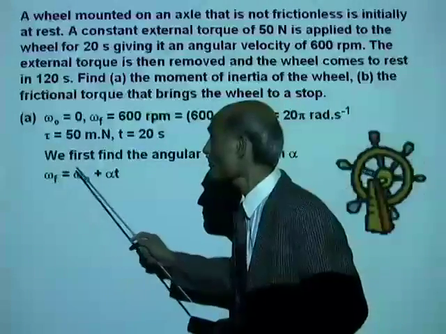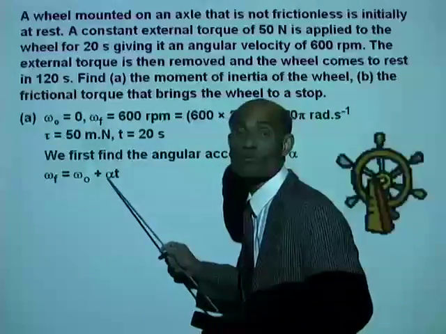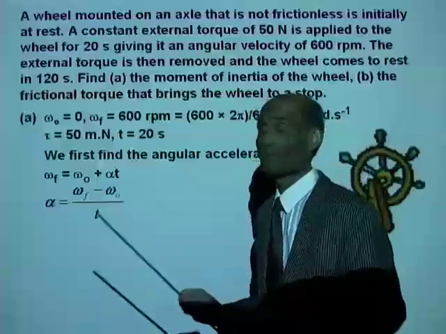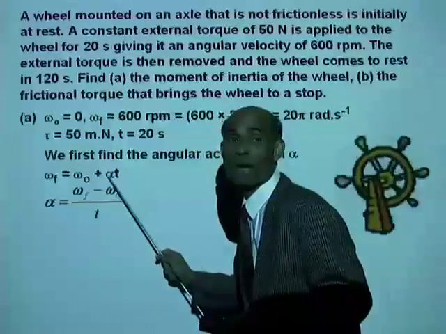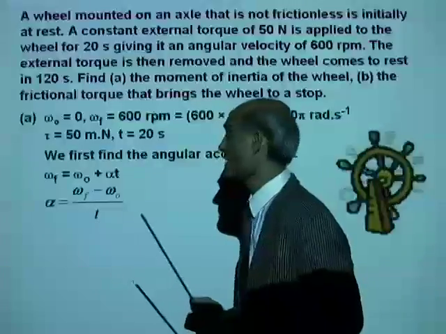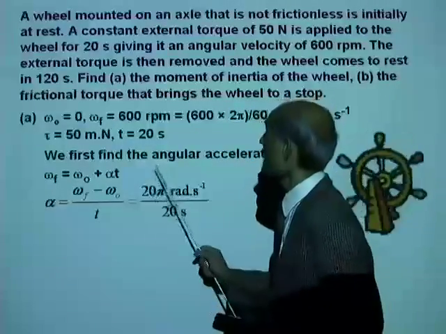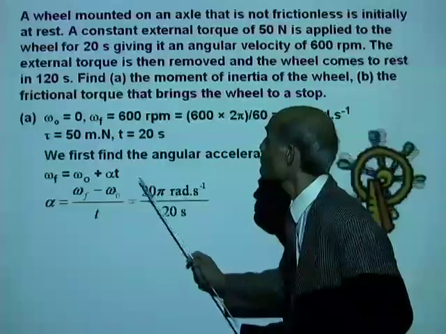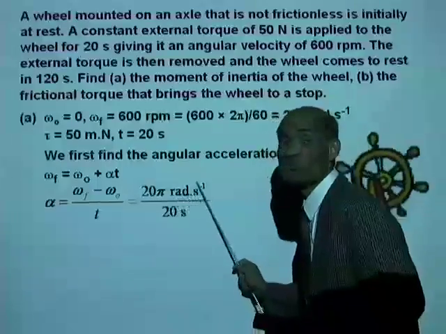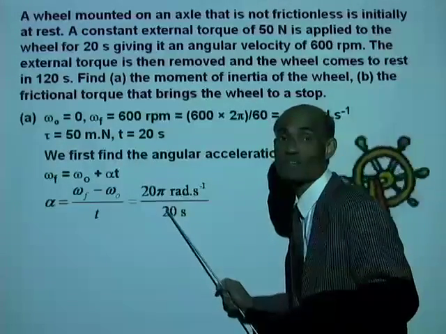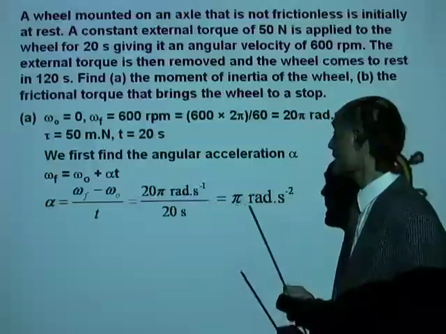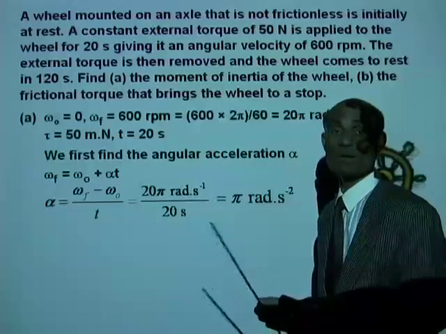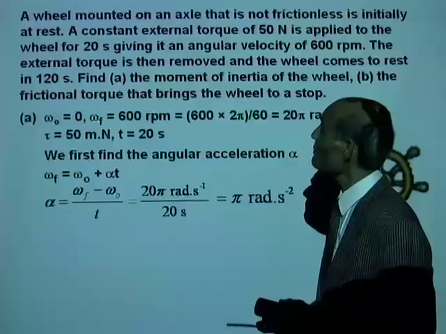So omega F equal to omega 0 plus alpha t, or alpha equal to omega F minus omega 0 divided by t. That will be 20 pi radian per second divided by 20 seconds. That is pi radian per second squared. That is the angular acceleration.